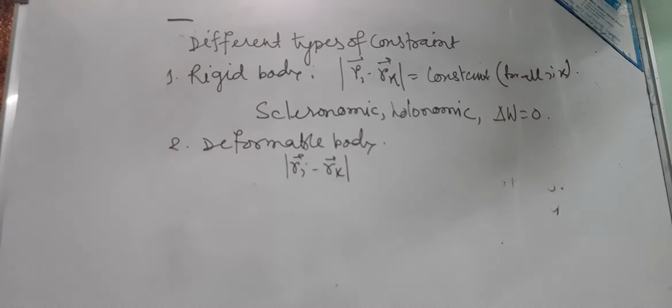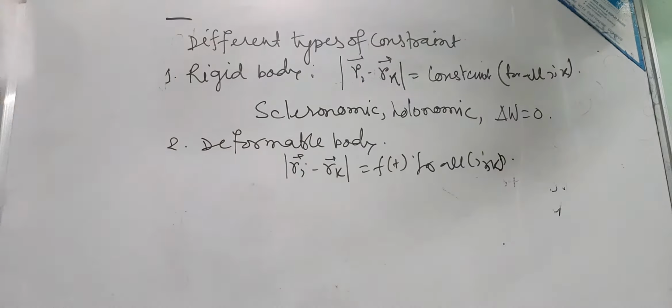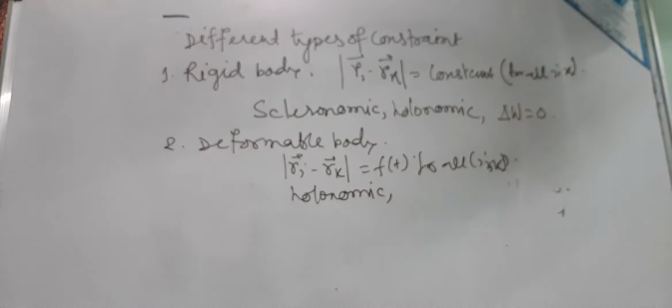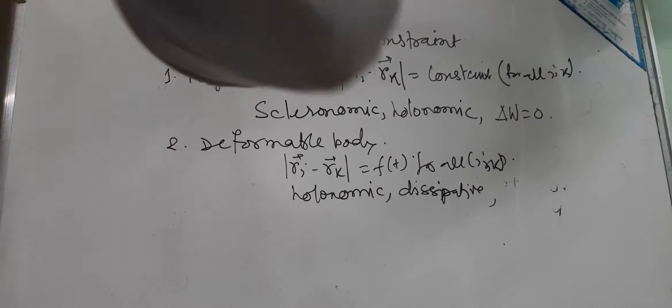Similarly, if it is a deformable body, then Ri minus Rk, if you take its modulus, is a function of time for all i and k. Then what do you say? Firstly, it is holonomic, because we are able to express it in the form of an equation. Then it is dissipative. The total mechanical energy will not be conserved because it is deformable.